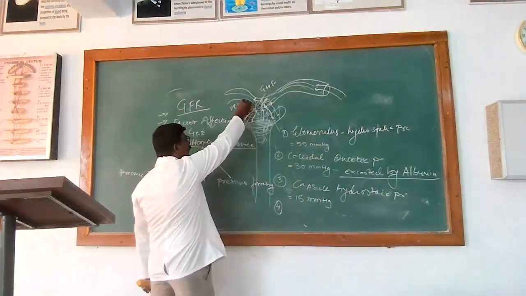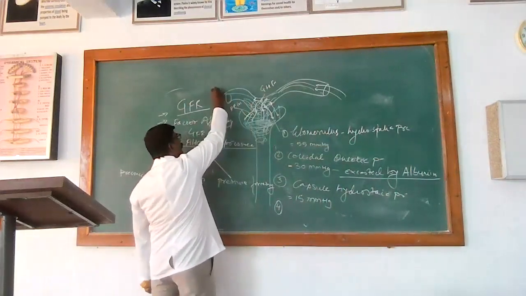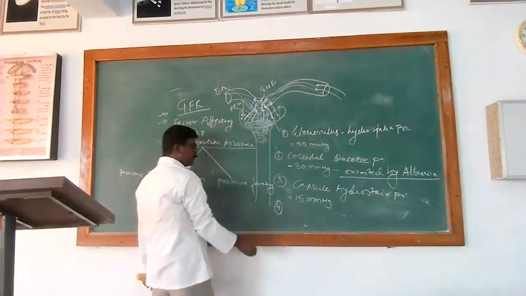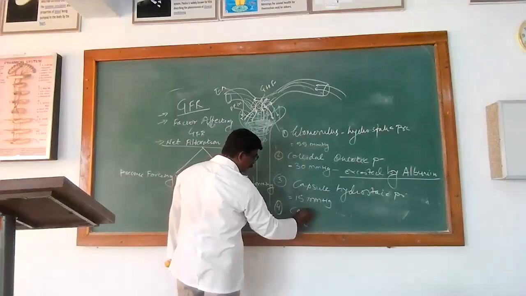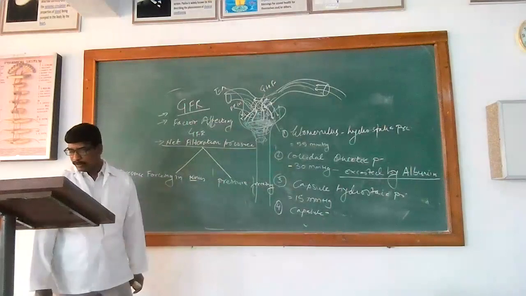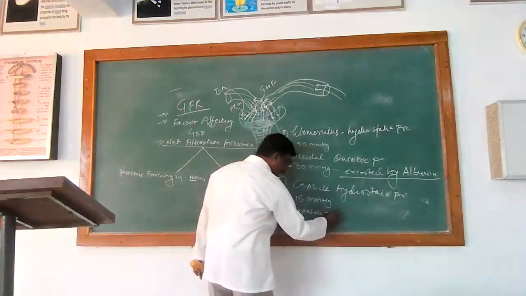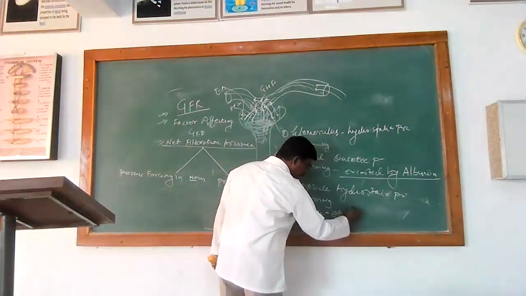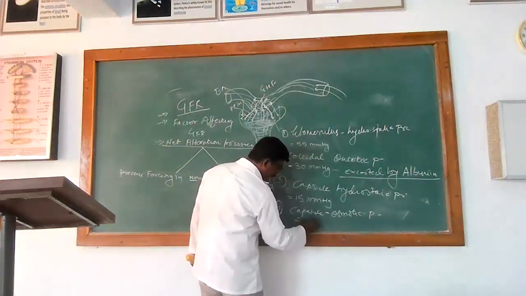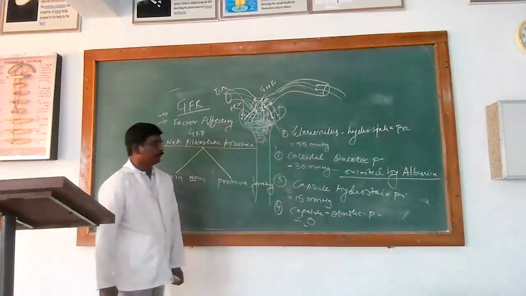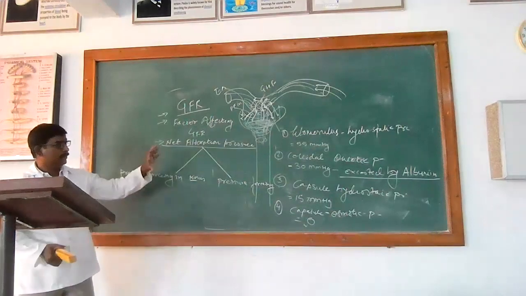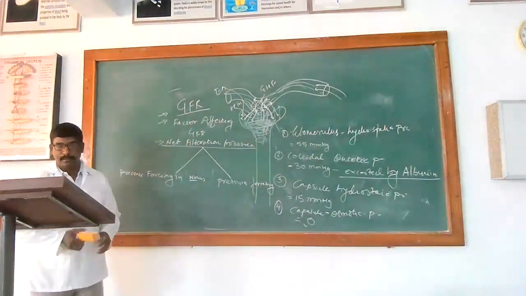At the end of the proximal tubule, the pressure is 0. It is called the capsule osmotic pressure. Capsule osmotic pressure is equal to 0. From this you can find out the actual GFR.